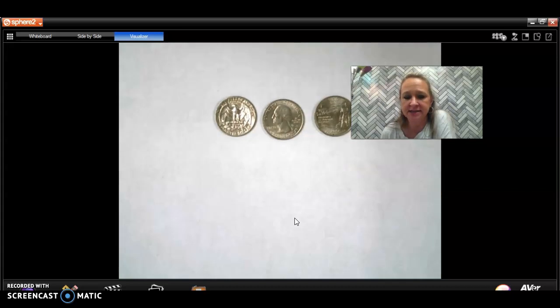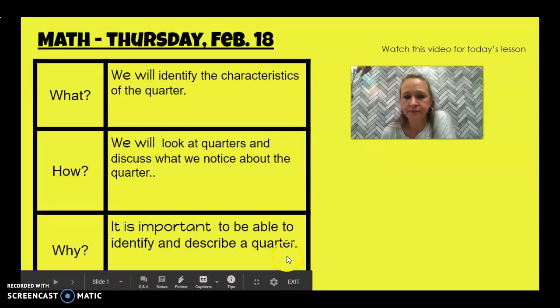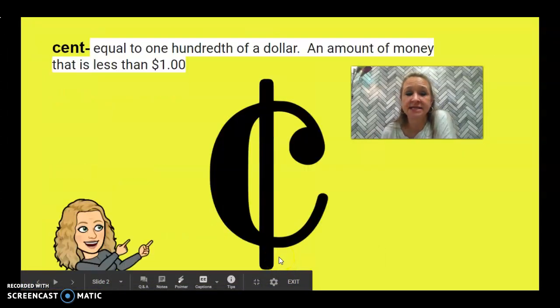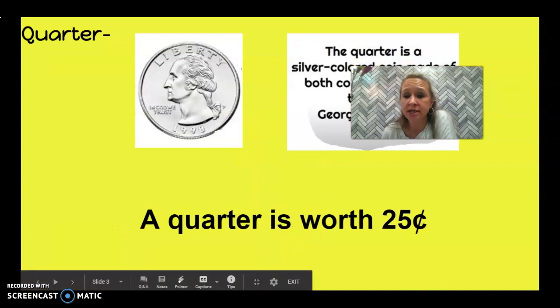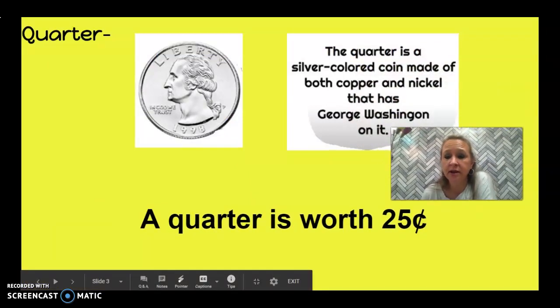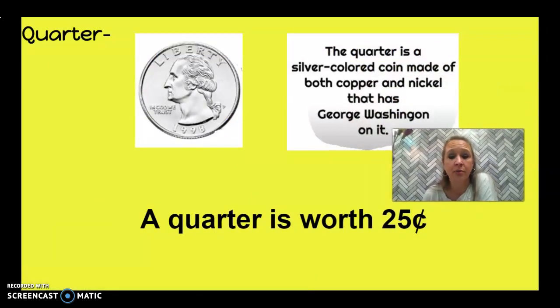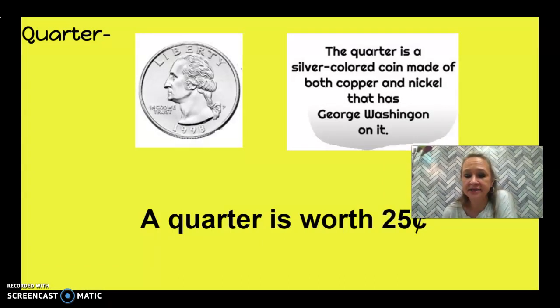All right, let's go take a closer look at the quarter. Remember that a cent is 1/100th of a dollar. That's any amount of money that's less than $1. A quarter is a silver-colored coin made of both copper and nickel that has who on the front? Abraham Lincoln? Thomas Jefferson? Roy Rogers? George Washington.